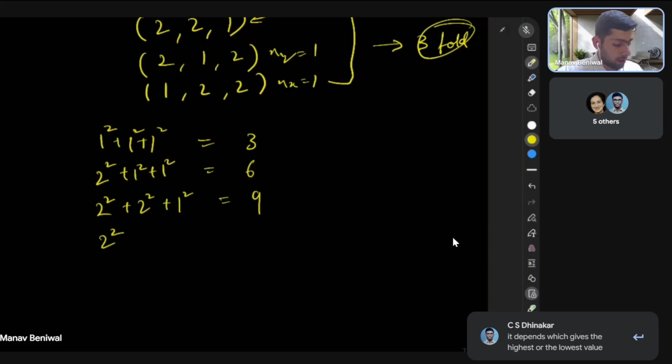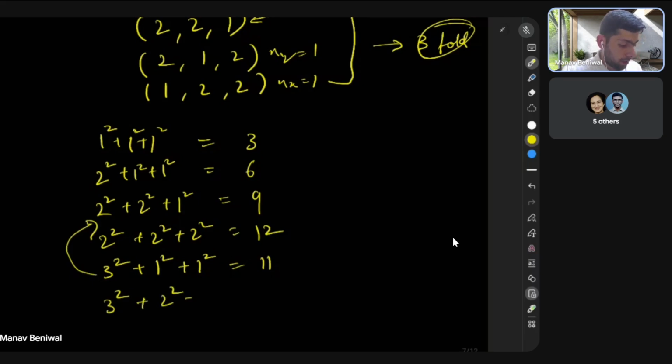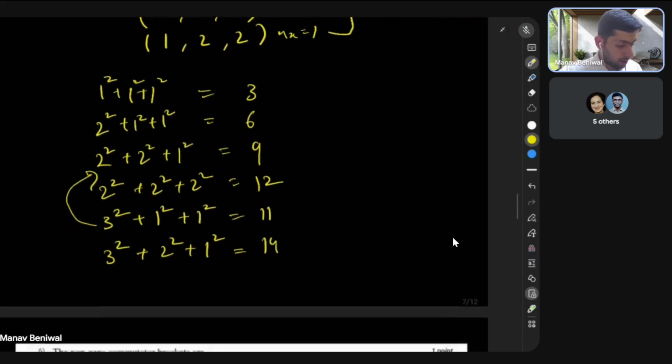This will give you 12, and then 3 squared plus 1 squared plus 1 squared gives you 11. So this energy level is basically here, and then 3 squared plus 2 squared plus 1 squared gives you 14.